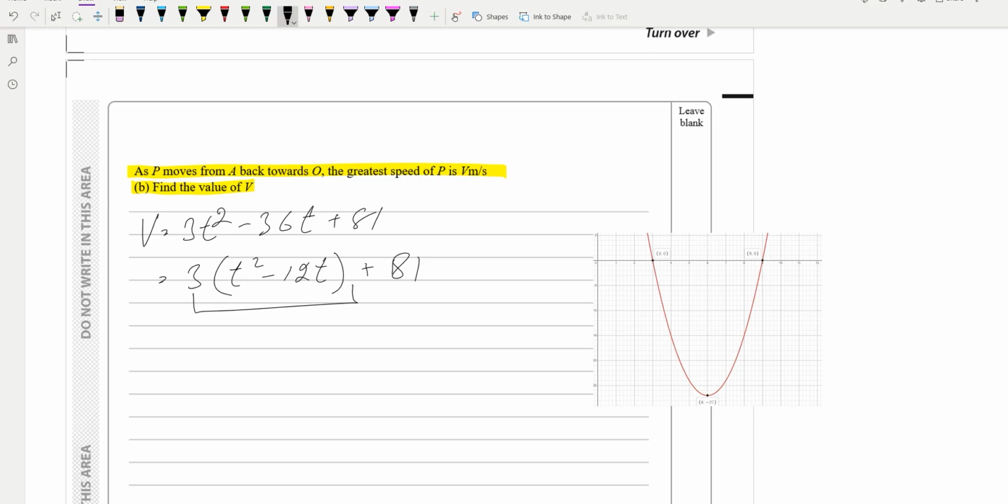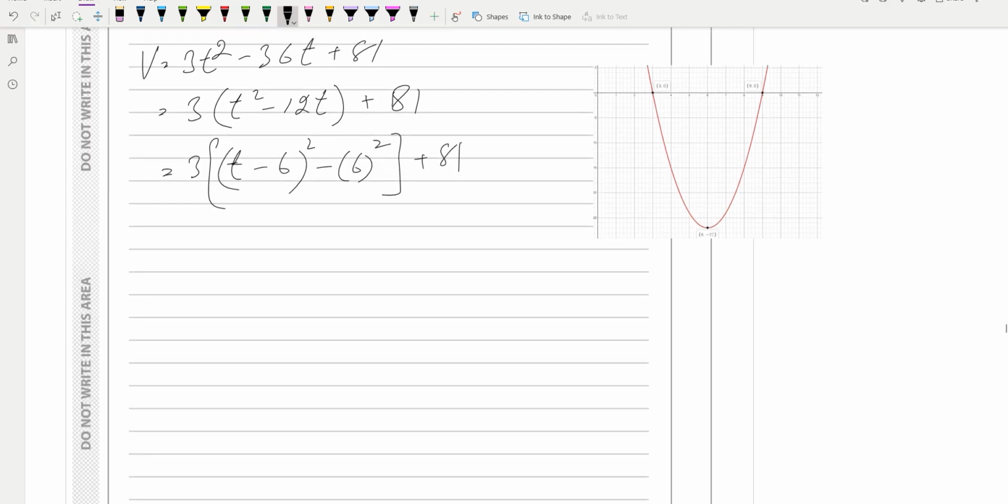Now we apply completing the square on this portion, so it will be 3 times t minus half of 12, which is 6, so 6 squared, and minus 6 squared, the bracket closed, and plus 81.